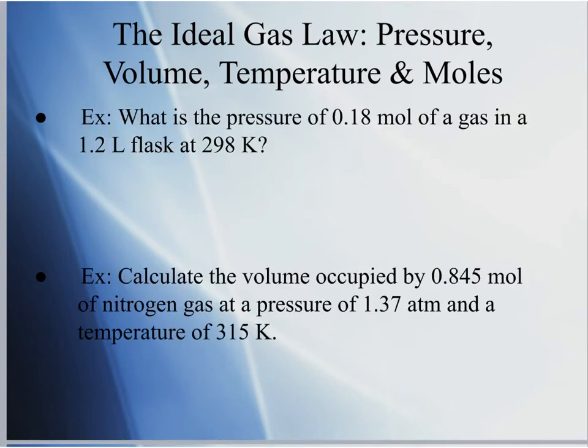So let's take a look at a few of these examples. The biggest thing you're going to see in examples like this is that these types of gas law questions are not going to give you a before and after picture. So they're really easy to spot. It's not a scenario with a movable piston going up a mountain with this before and this after.